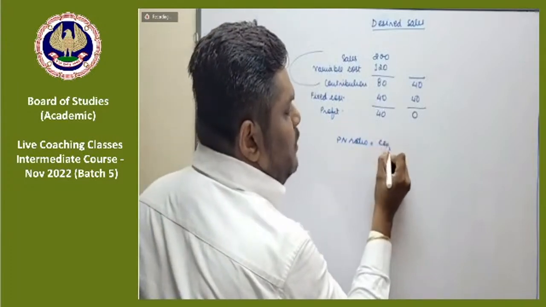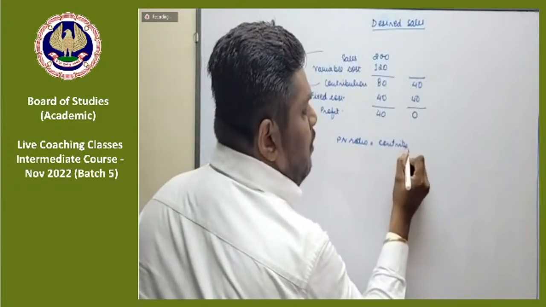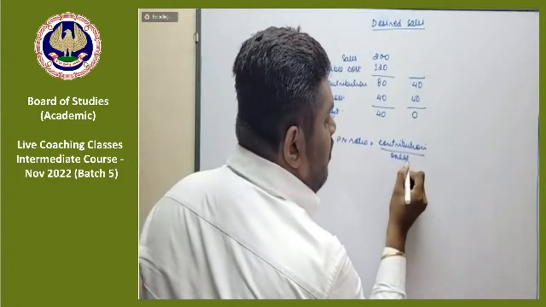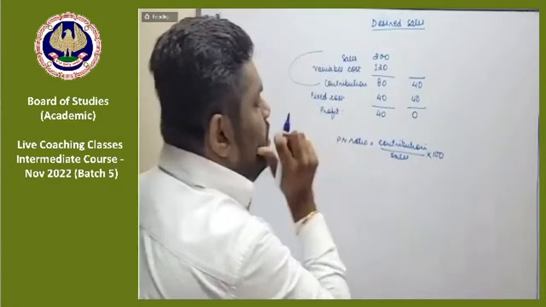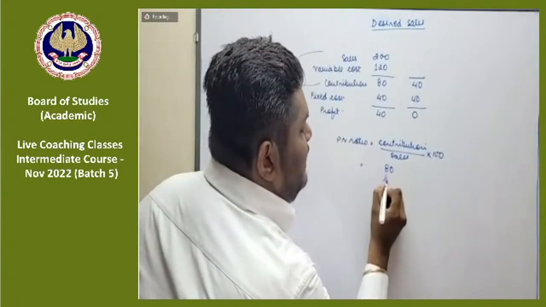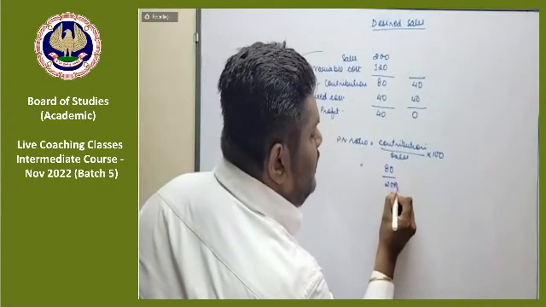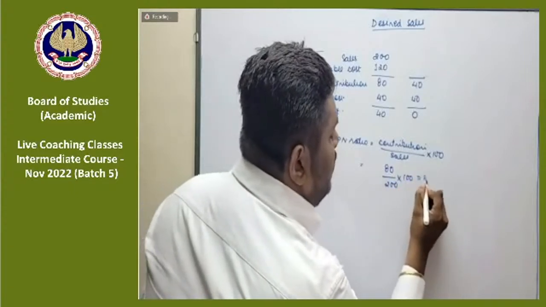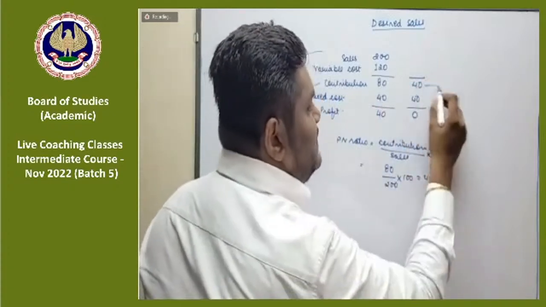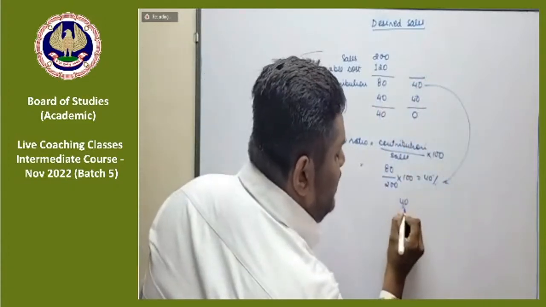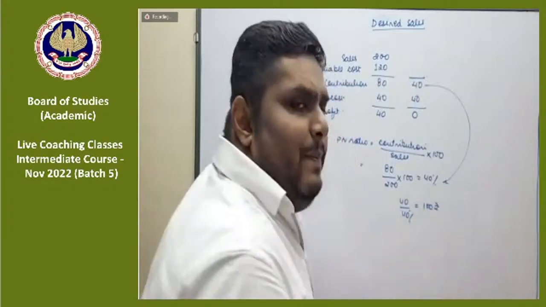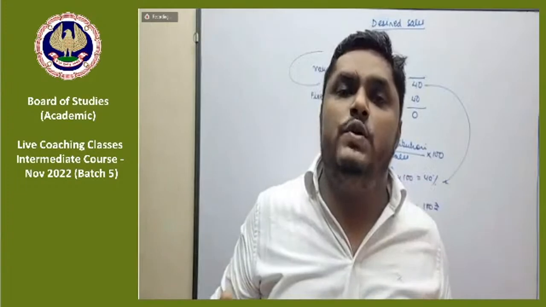That is contribution divided by sales, 200. So my contribution sales ratio is how much? 80 divided by 200 into 100, that is 40%. So this contribution 40 is equal to 40%. So how much will be 100%? That is rupees 100. So my break-even sales in this question is rupees 100.